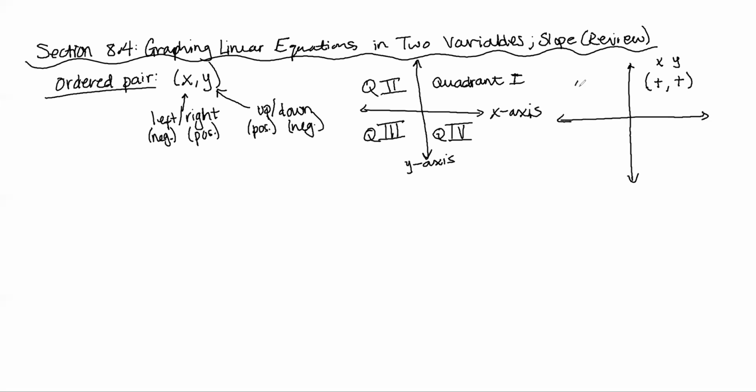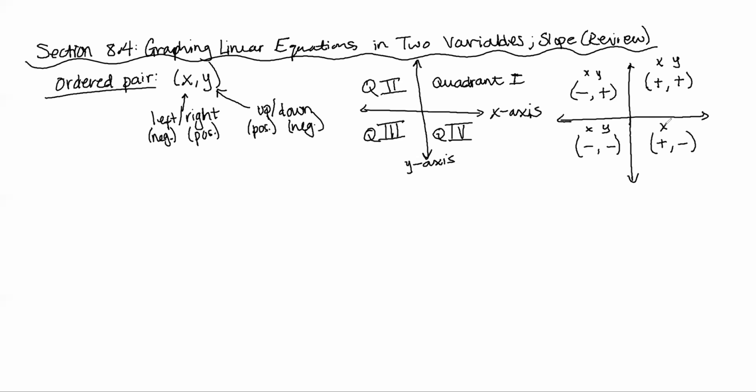If we went to the left here, then x is now negative, but y is still positive because we still went up from the origin. Down below that, we went to the left for x, so negative x, and we went down for y, so y is also negative here. And finally, to the right of this, x is positive again because we went to the right, and y is still negative because we're still down from the origin. So those are the different signs we should have.